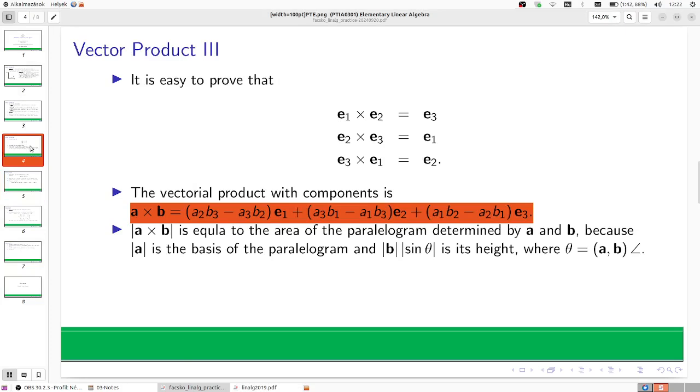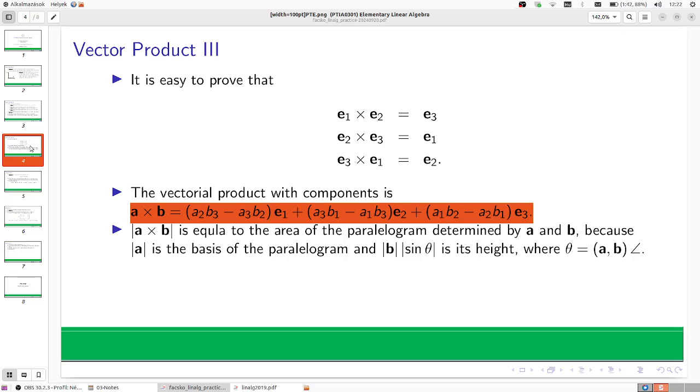Here, we need this term. So first component is the second component of the first vector, the third component of the second vector. Then the opposite, the third component and the second component.